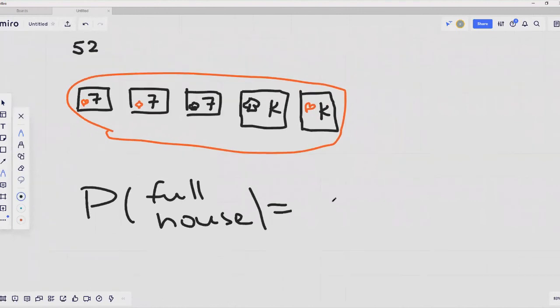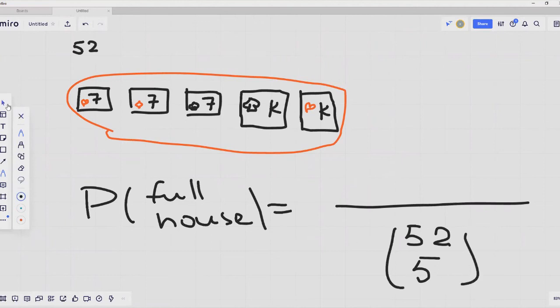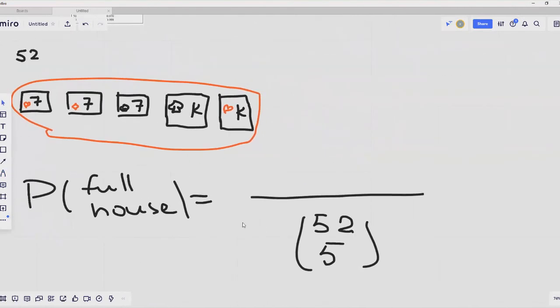So the total number of ways to choose 5 cards out of 52. A standard poker hand is 5 cards. So this is 52 choose 5, which we have in the denominator. Now let's split that into the following two operations.